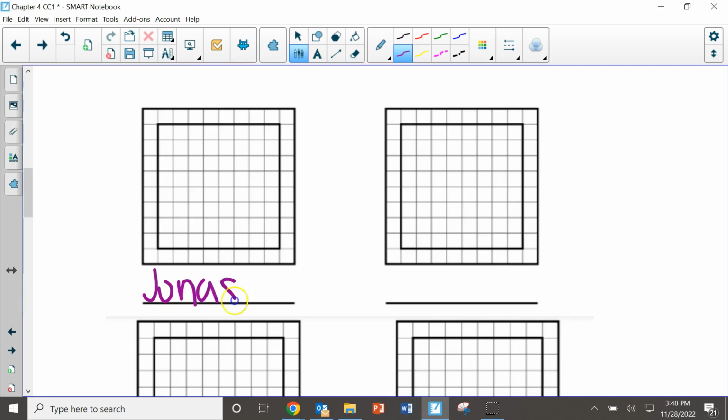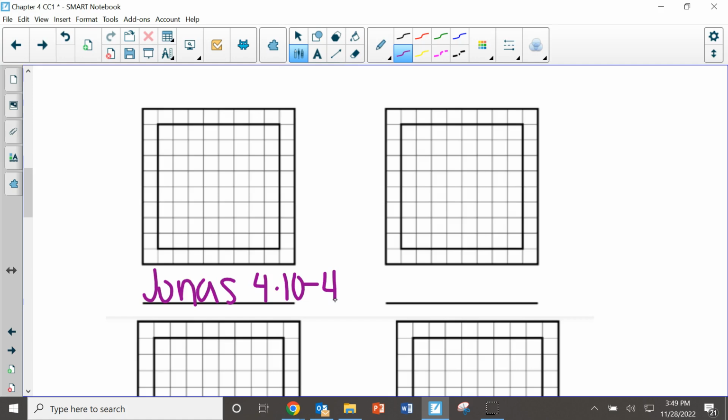His expression was 4 times 10 minus 4. I do want you to write that by each person's name so you can quickly see what this picture is showing. So when Jonas figured out how many tiles are in the frame, he did 4 times 10 minus 4.